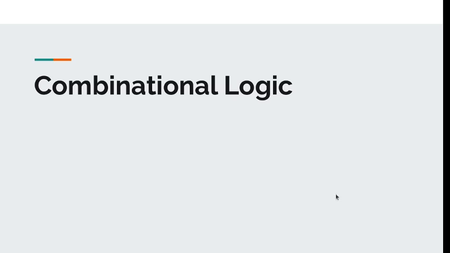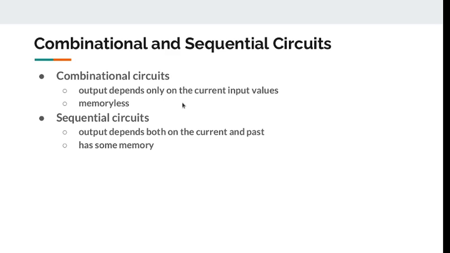The idea now is that we're gonna understand how to put together the gates that we've seen and how that's gonna help us represent the functions and the behaviors that we want for our system. So there's two types of circuits that we can see in the digital world: the combinational circuit and the sequential circuit.